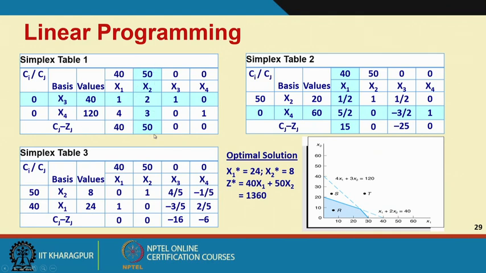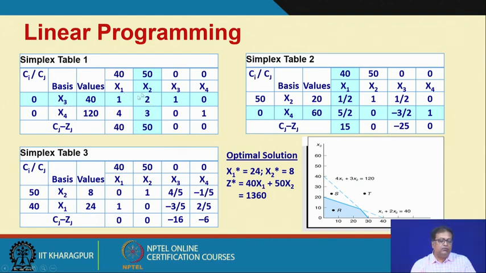So, x2 becomes our entering variable, and which one is the leaving variable? x2 requires 2 units of x3 and 3 units of x4. So, with 40 units of x3 available, we can make 20 units of x2, but with 120 units of x4 available, we can make 40 units of x2.